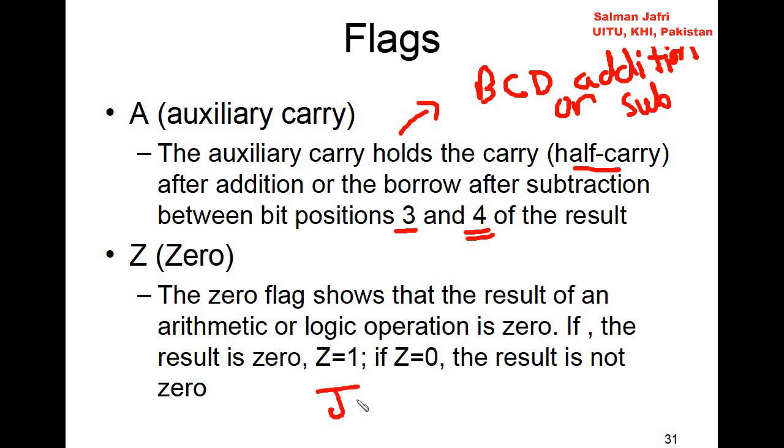If we execute something like JZ, jump if zero, followed by a label, then if the result of the previous operation was 0, which means the zero flag was 1, this would be true and we would jump to this label. If the result is not 0, we won't jump to this label because this is false. We'll execute the next instruction. So can anyone guess what would happen in a JNZ instruction?